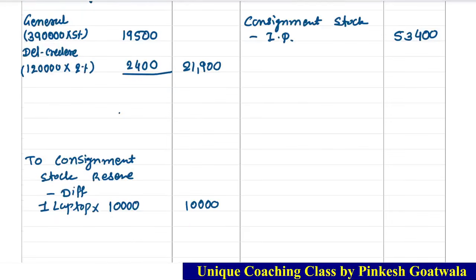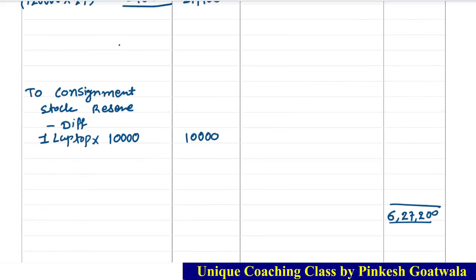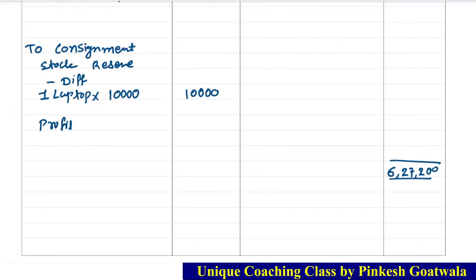So the difference is 55,300. So it will be profit transferred to the profit and loss account, profit 55,300.